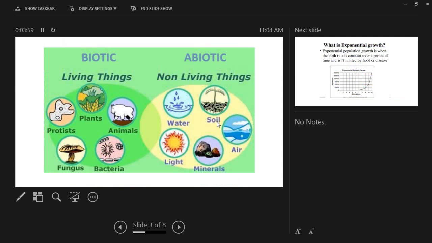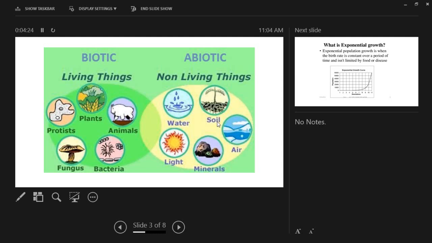So, okay, the point I'm trying to make is abiotic is the non-living stuff in the environment. So, if something is dead, does that make it biotic or abiotic? No. Because it has bacteria. It's being decomposed, so there's still a living thing, which is bacteria. Right, are you following what I'm saying?